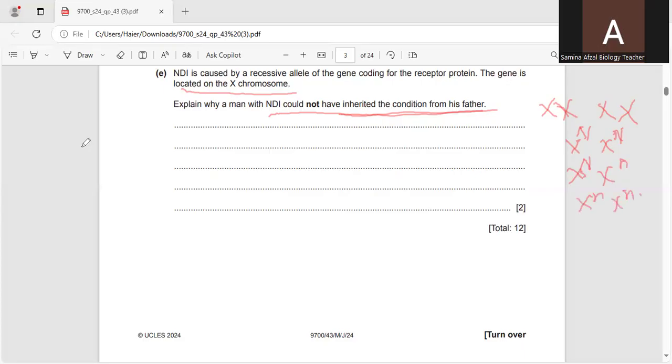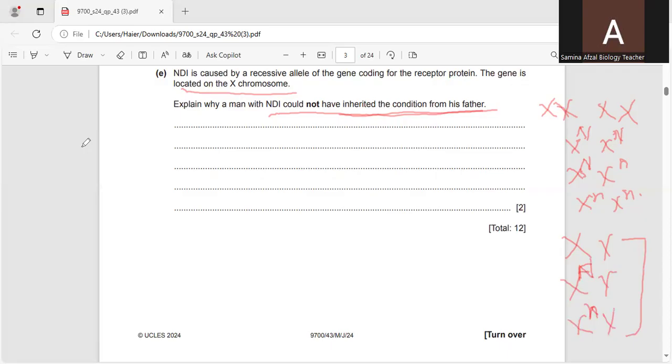Whereas the male has X and Y chromosomes, so what will happen? X will be in this condition, capital N, and Y, or small n and Y. So he will have this allele or will not have this disease.